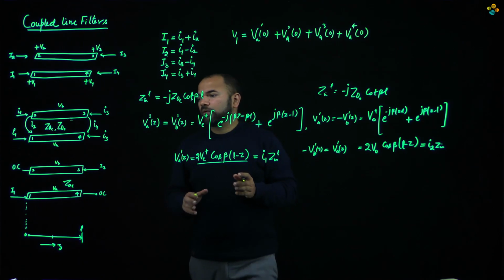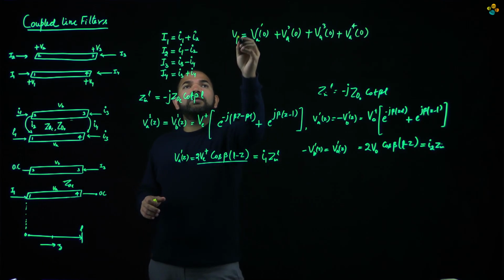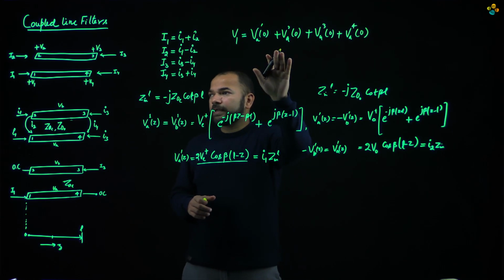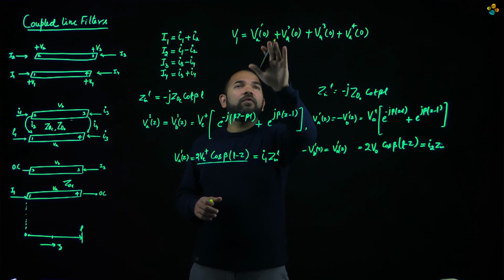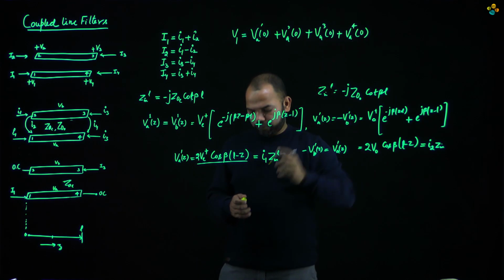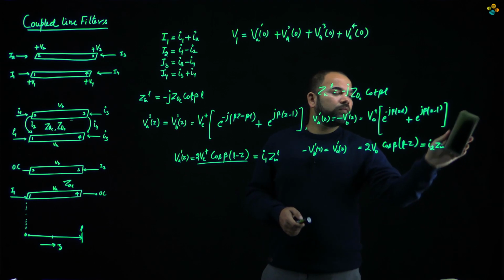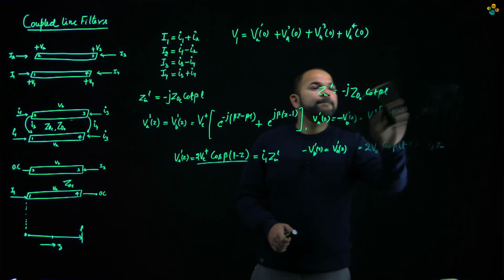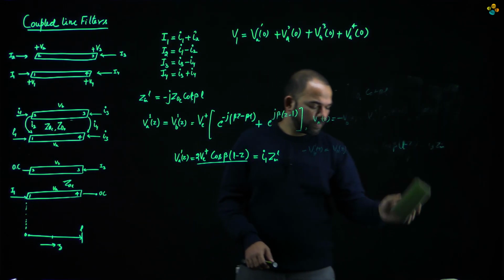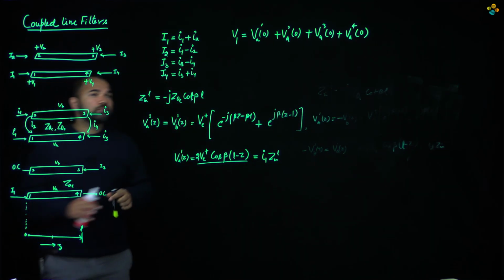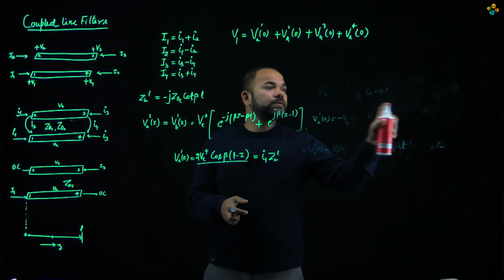So this is the overall voltage V1. So this is for all cases VA for port 1, port 2, port 3, port 4. So now by putting all these values, we can calculate the total voltage.